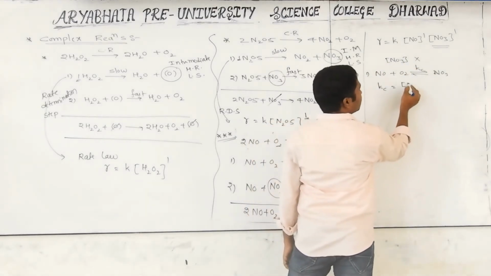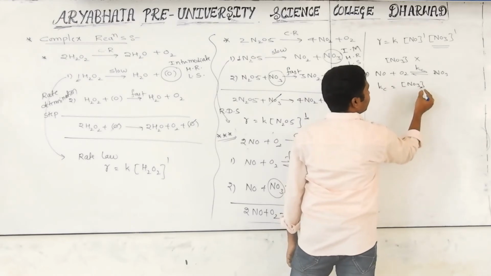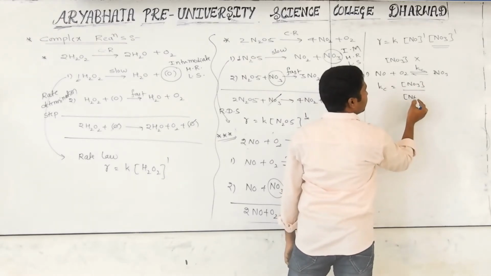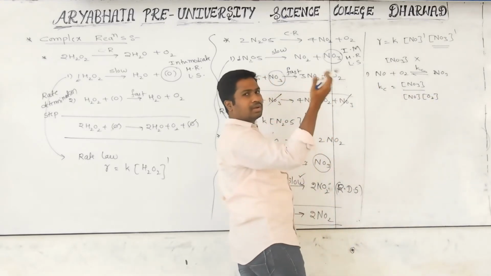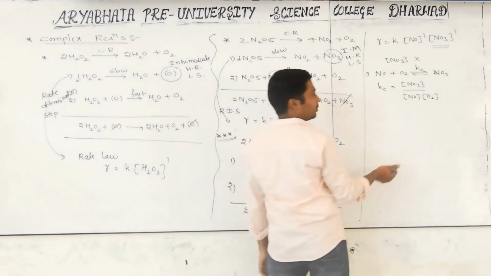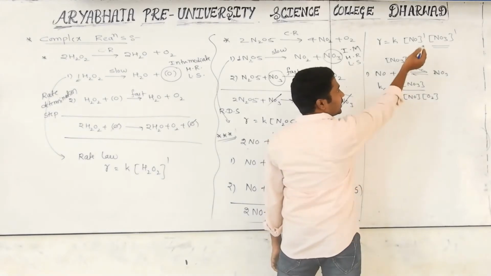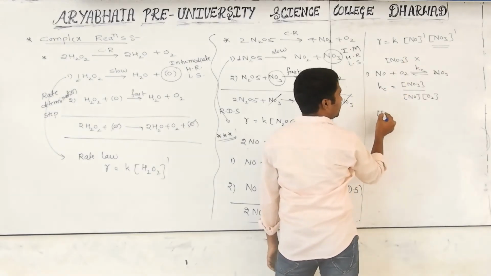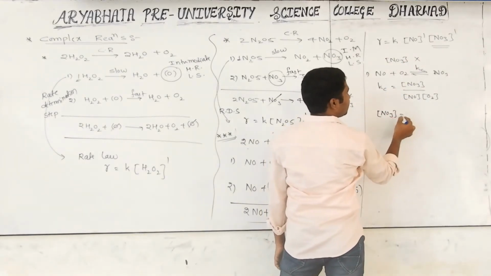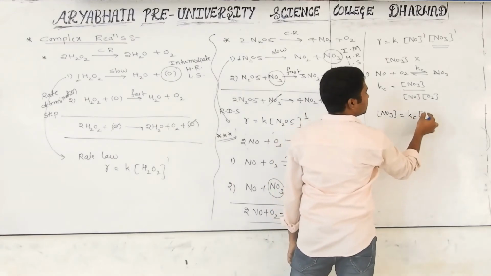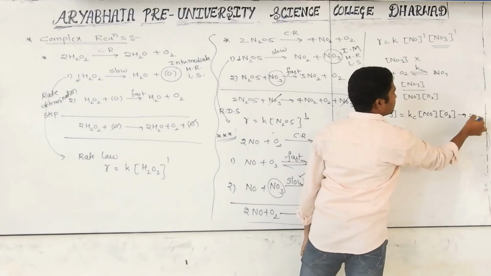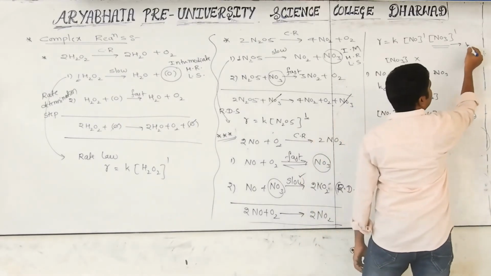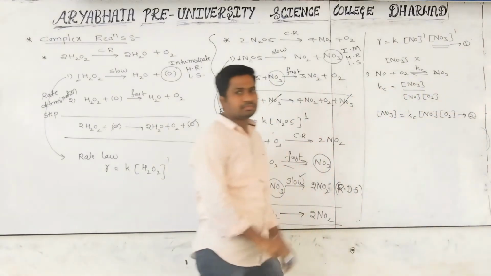Just write down: concentration of the product, that is the concentration of NO3, by the concentration of NO into the concentration of O2. All coefficients are 1, so the powers are 1, it's not a big problem. Now which one do you want to find out? NO3. NO3 concentration is equal to Kc into the concentration of NO into the concentration of O2. This is equation number 2. This is equation number 1.